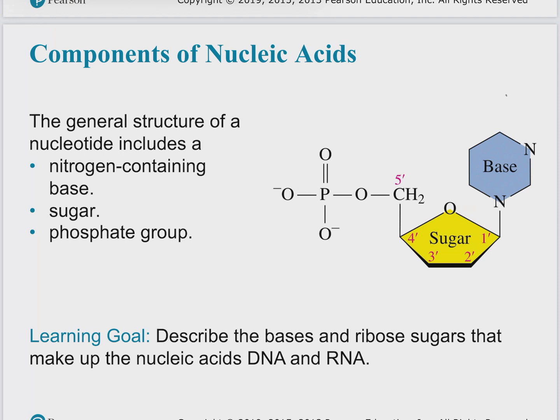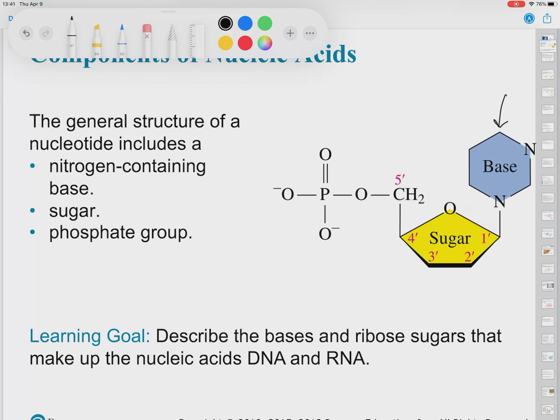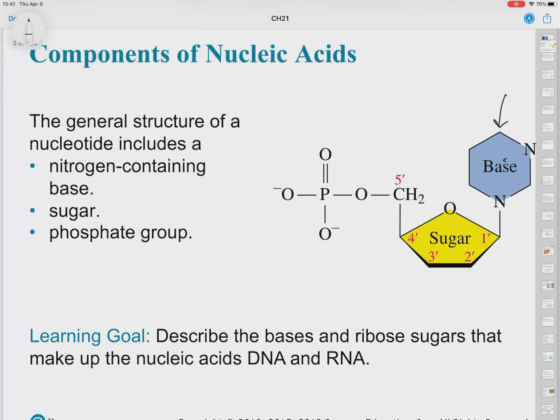So a nucleotide is what we're looking at here, and a nucleotide consists of a nitrogenous base. This is going to be usually a purine or a pyrimidine, a sugar, and these are going to be ribose or deoxyribose.